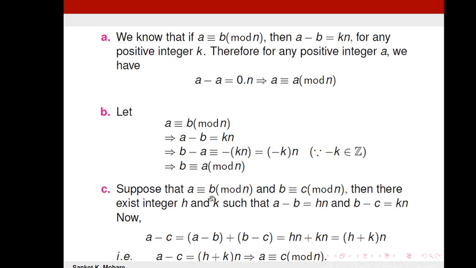Suppose that A is congruent to B modulo n and B is congruent to C modulo n, then there exist integers h and k such that A minus B is equal to hn and B minus C is equal to kn by definition. As A is congruent to B modulo n, A minus B is equal to hn, and as B is congruent to C modulo n, B minus C is equal to kn for some integers h and k.